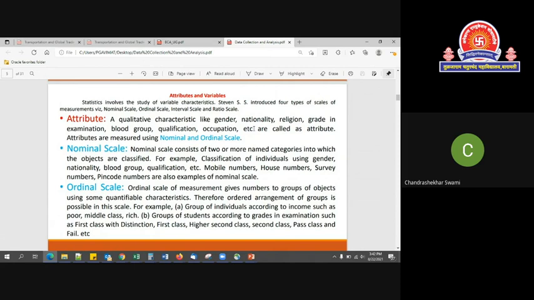In the second example we are ordering the students by their performance or percentage. In the first example, we are classifying people or families according to their income. They may be poor, middle class, or rich class. Such kinds of scales are called ordinal scales.